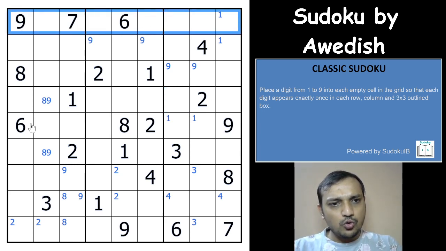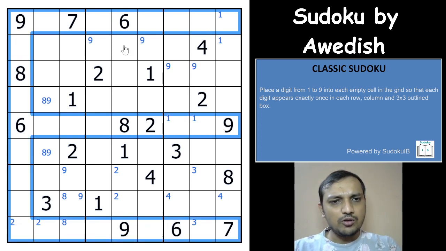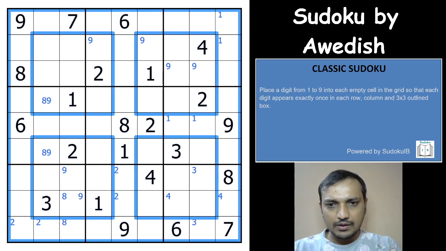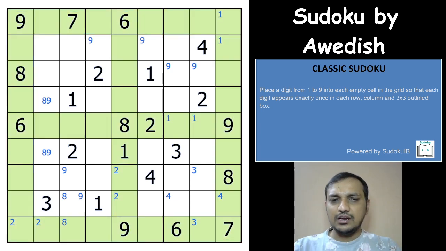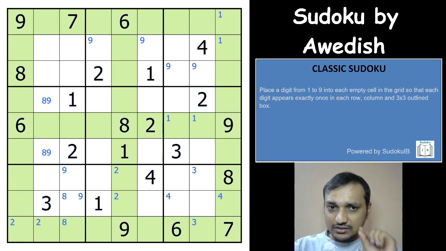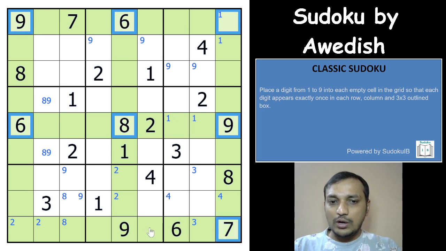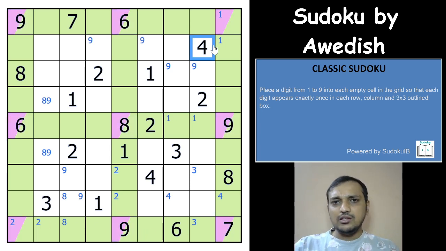I mark row 1, row 5 and row 9, column 1, column 5 and column 9, right? I mark that with the green color. So I have 6 sets of 1 to 9, but in this case some cells are used twice. Now of course, if there are 6 sets of 1 to 9, you will have exactly 54 cells used.